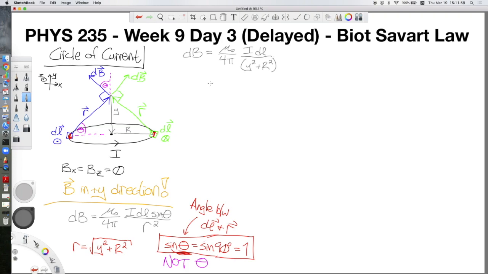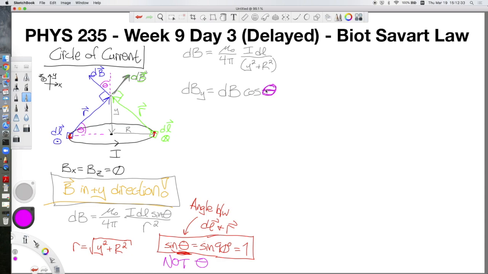But keep in mind, this is the entirety of dB. And we don't want the whole thing, because we know that dB is in the y direction. So we only want the y component of this. So we want to find dBy, which will turn out to be regular old dB times the cosine of theta, where this theta, now that's the pink theta we have labeled in our pictures.